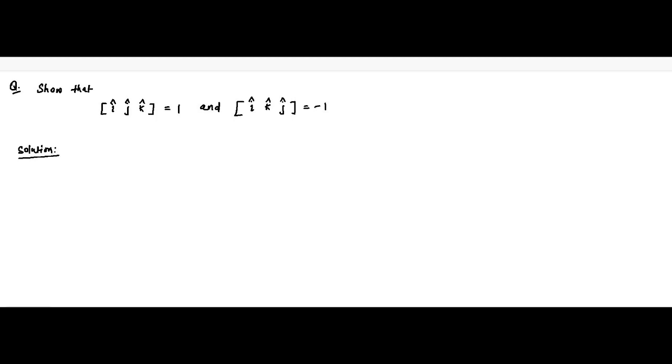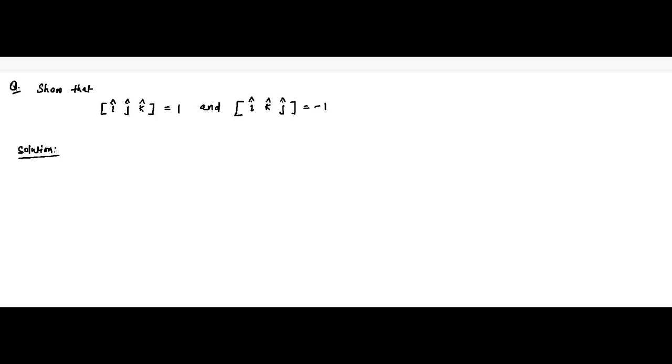So here is another question on scalar triple product. It is given to show that the scalar triple product of vector i, vector j, vector k is equal to 1, and of vector i, vector k, vector j is equal to minus 1. Okay, so here the three vectors: the first vector only has x component, that is unit component i vector.